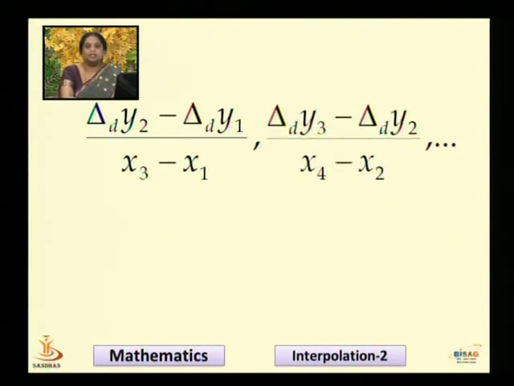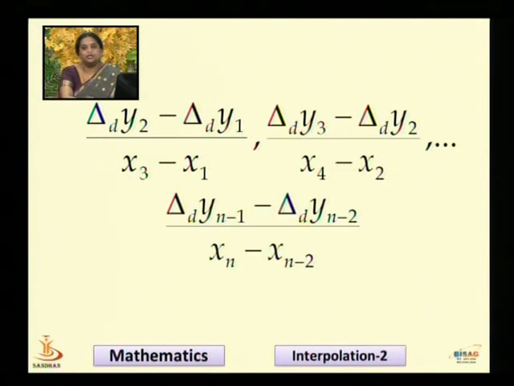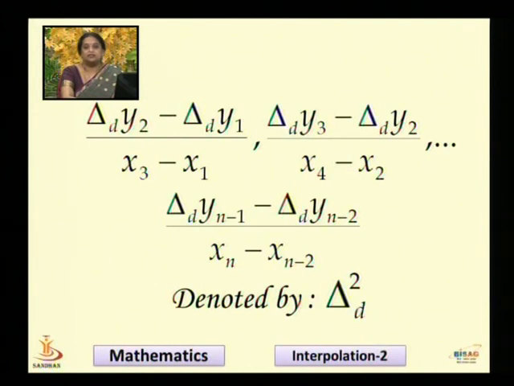Similarly, delta D y3 minus delta D y2 divided by x4 minus x2, so on and so forth, delta D yn minus 1 minus delta D yn minus 2 divided by xn minus xn minus 2. These are the ratios of the first order divided differences to the x differences and are denoted as second order divided differences by delta D square.